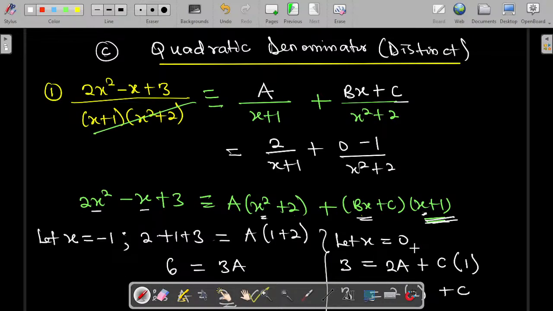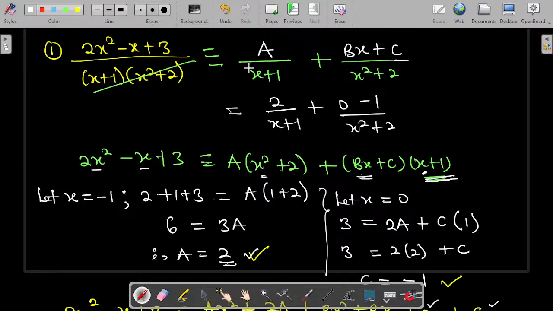So that means our partial fraction is equal to 2 all over x plus 1, and 0 minus 1 is -1, so you have -1 all over x squared plus 2. Here you can clearly see what I was saying, that the numerator of a quadratic denominator can also be a constant, but that will only happen when the coefficient of x is 0.